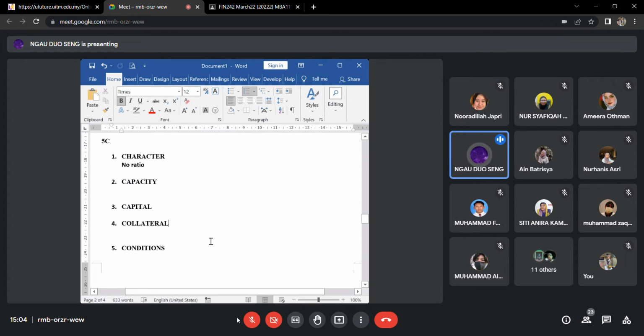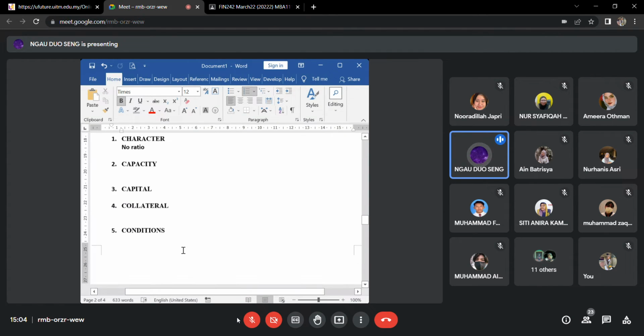And then condition here we can use the profitability ratio to assess the company current punya condition, tengok dia punya keuntungan. Sebab condition actually we have to explain the environment. Condition lah.